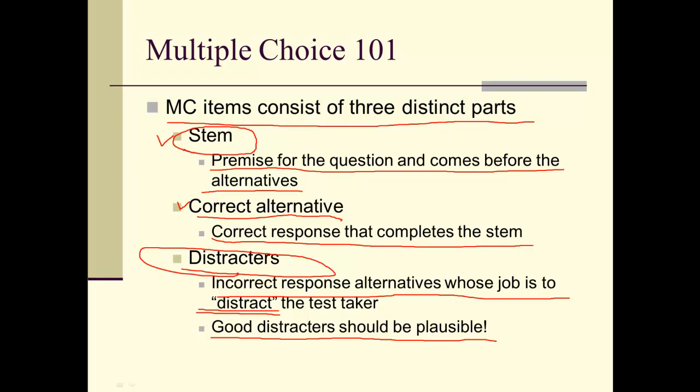We don't want an answer that has nothing to do with the question. We want our distractors to be close so that the student has got to be able to discriminate between the answers to a great degree. We want to make them work on those answers so that they have to know the material.